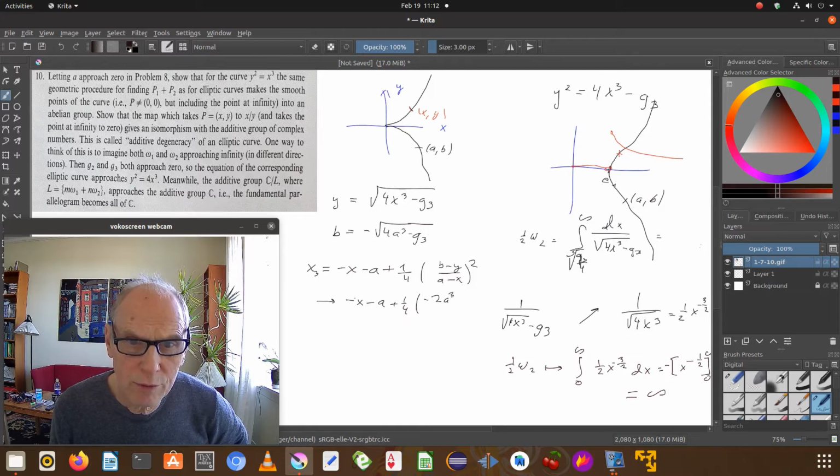A to 3/2 divided by plus 2. Oh, minus the y, that's plus 2. X to 3/2 divided by a minus x.